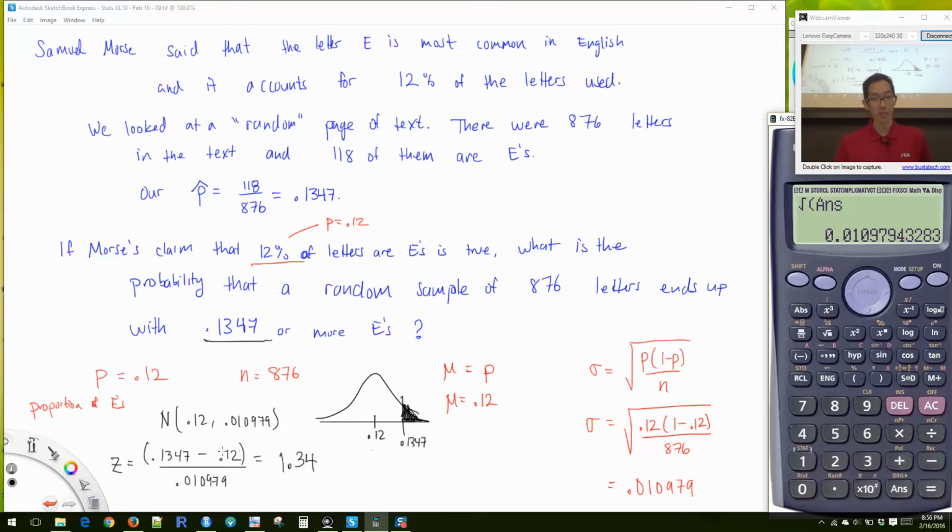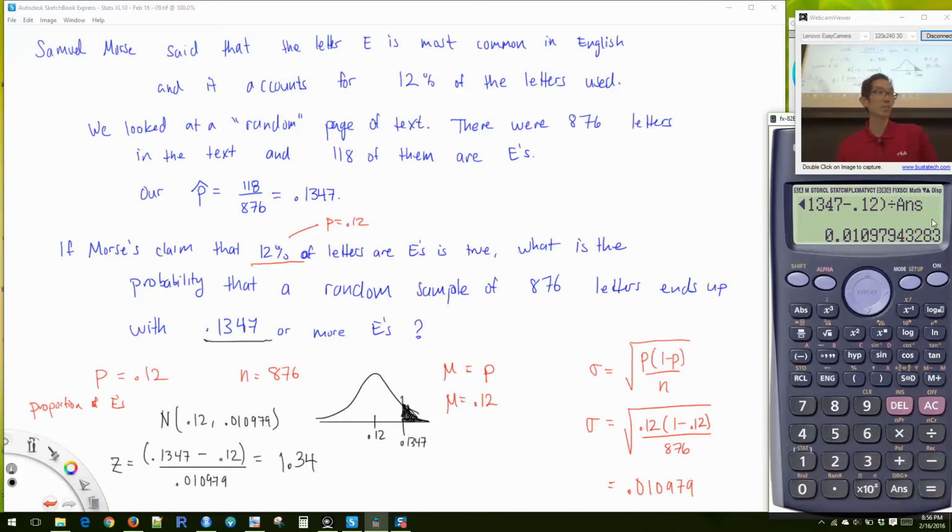I want to get my z-score, so I'm going to hit parentheses 0.1347 minus 0.12, close parentheses. That's just the numerator of this part. I'm going to hit divide, and then I could type in 0.010979, the full number if I want to, but I don't have to because I have an answer button on my calculator.